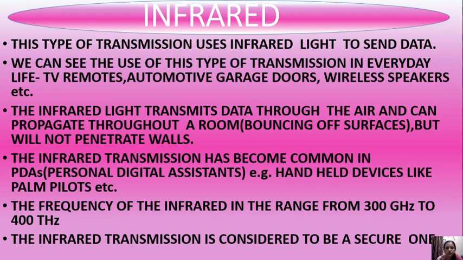Fourth point is the infrared transmission has become common in PDAs, personal digital assistants, for example handheld devices like Palm Pilots. The frequency of the infrared is in the range from 300 gigahertz to 400 terahertz. The infrared transmission is considered to be a secure transmission.